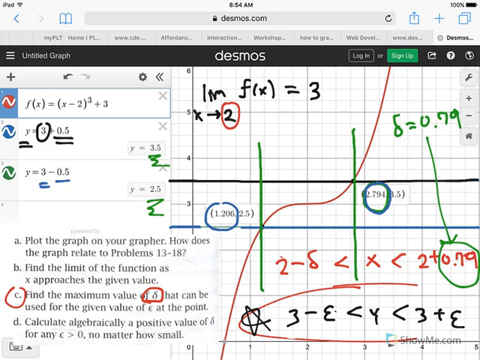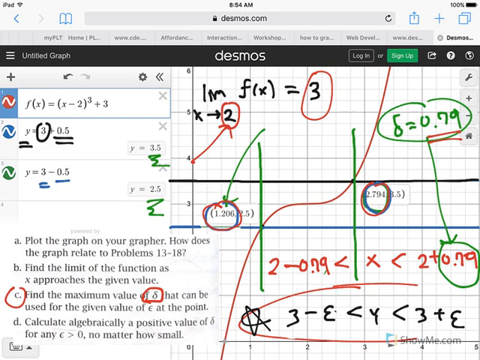If you do 2 minus 0.79, you get 1.21. 2 plus 0.79 will give you 2.79. So when the input values are within 79 hundredths of C, the output values will be within 5/10 of the limit.